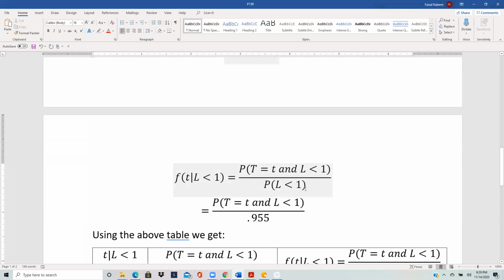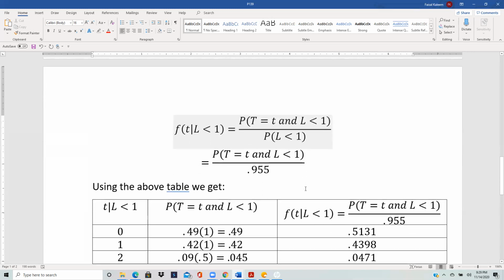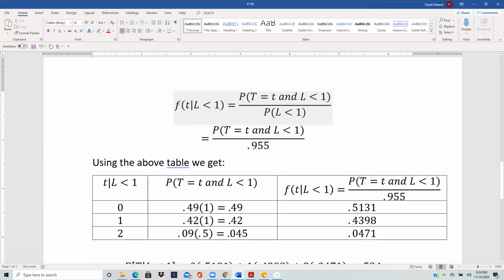And now we make another table, our final table, which will be based on what we need. We need the expected value of this, so we need T given L is less than 1 and its probability. Again, it could be 0, 1, or 2. And the probability T equals t and L is less than 1, we just copied from the above table.